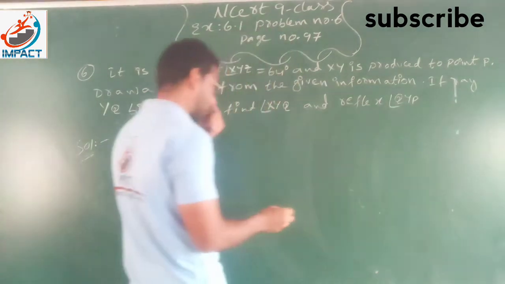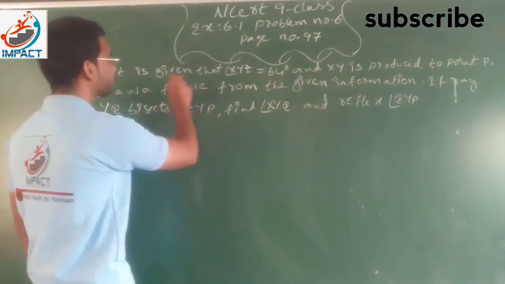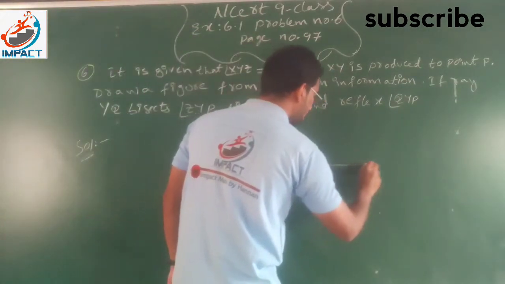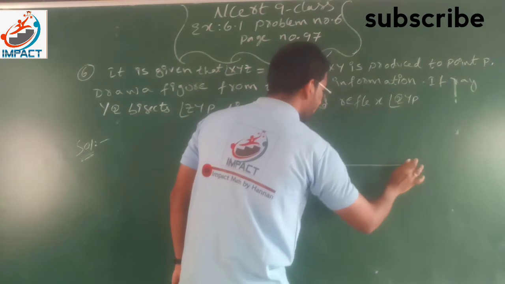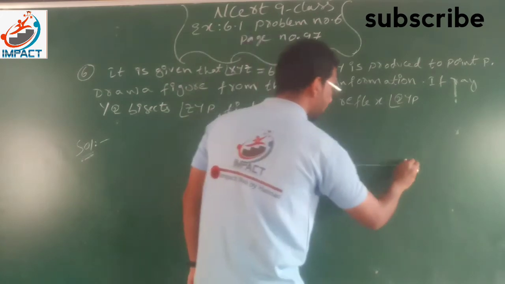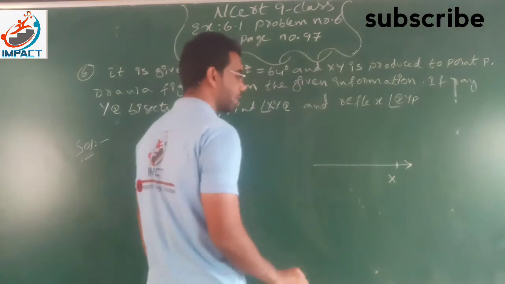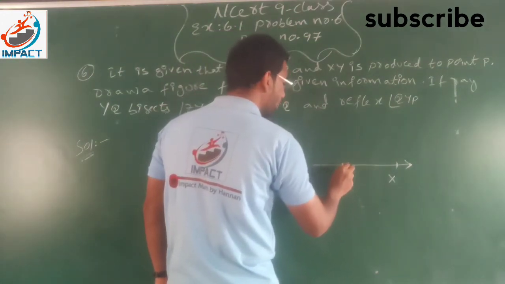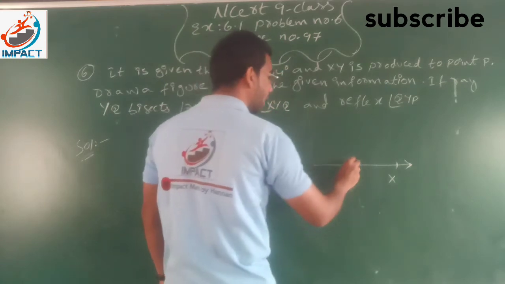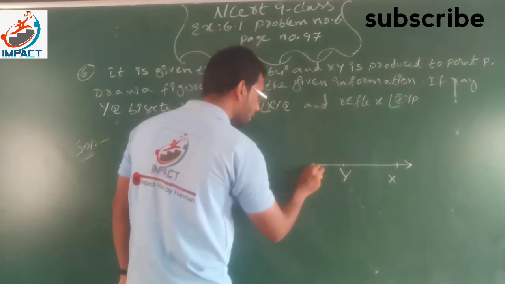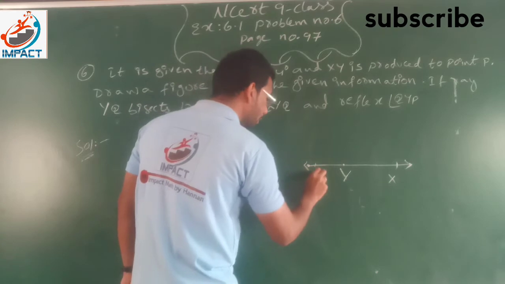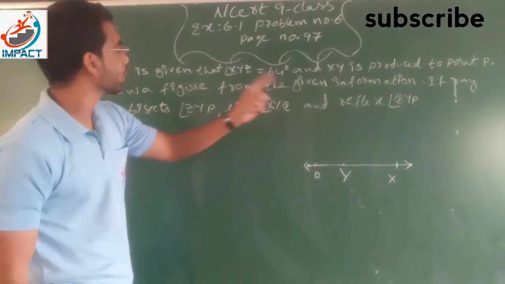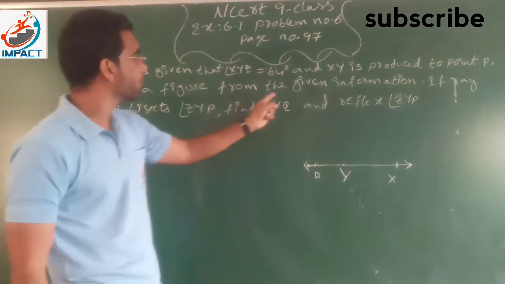First, it is saying XY is produced. We will take it as X. Next here we will take Y. XY is produced to P, so here we will take P. Draw a figure from the given information.